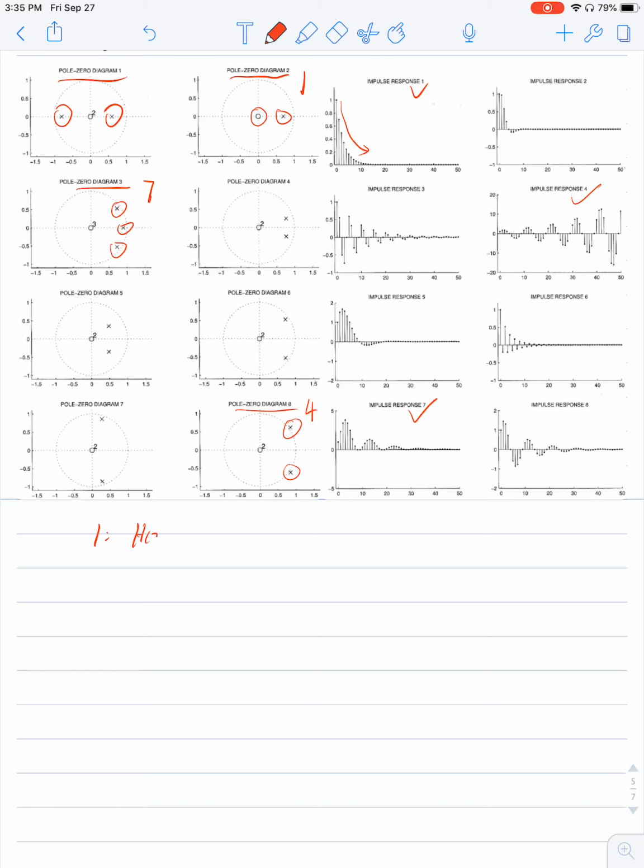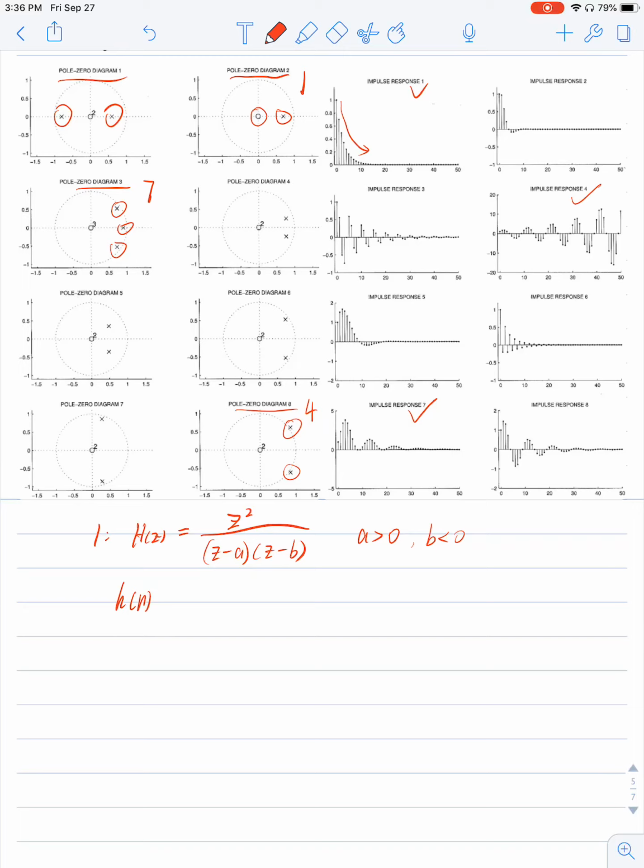So H(z) looks like z squared over (z minus a) times (z minus b), where we assume a is greater than 0 and b is negative, less than 0.